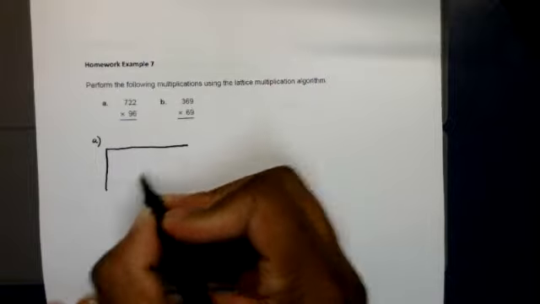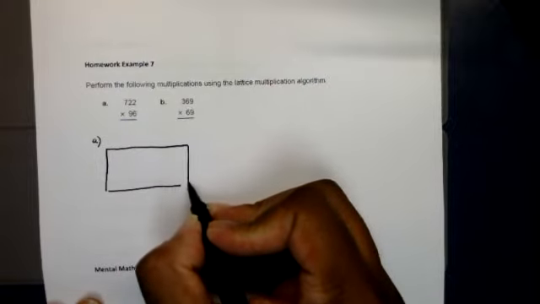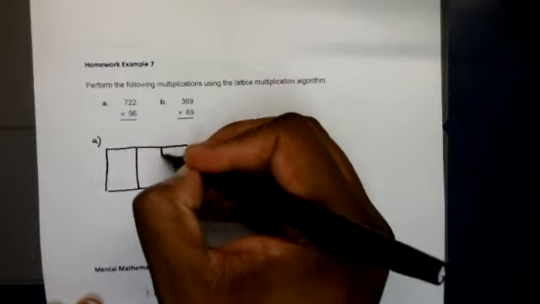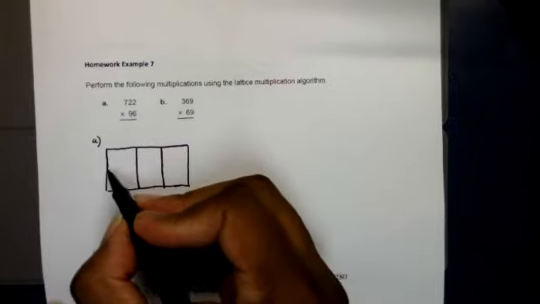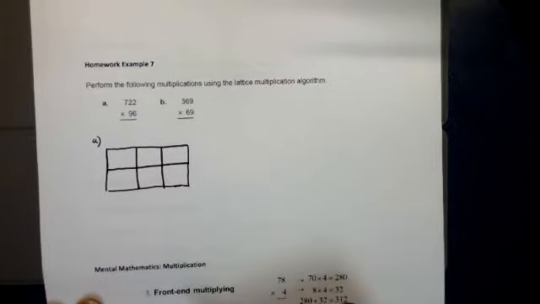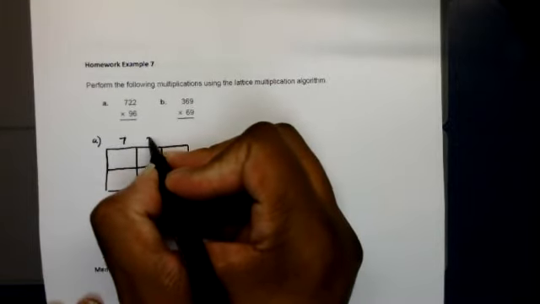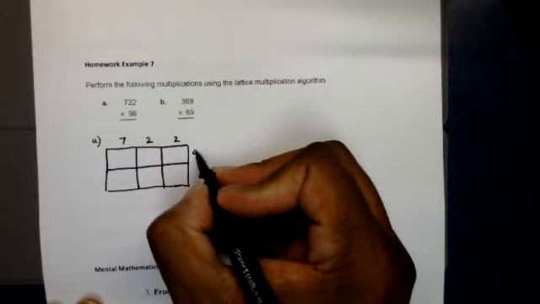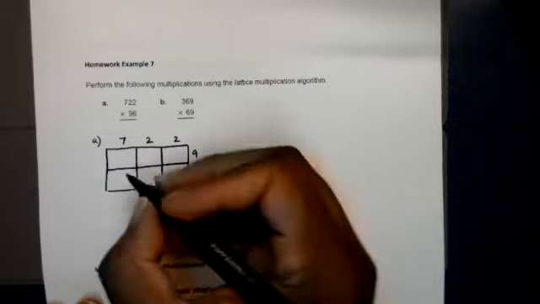So this one we're going to do for the box. 722, I'm going to do 3 columns. 96 has 2 digits, I need 2 rows. The 7 and a 2 will be on top. The 96 will be on the far right, like this.